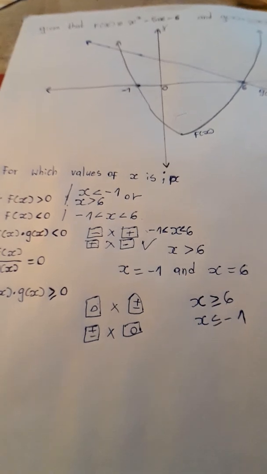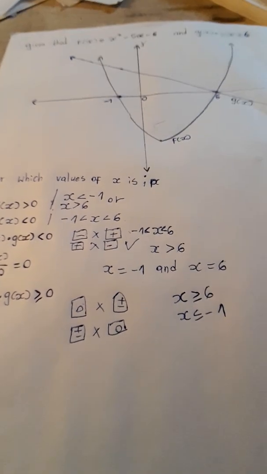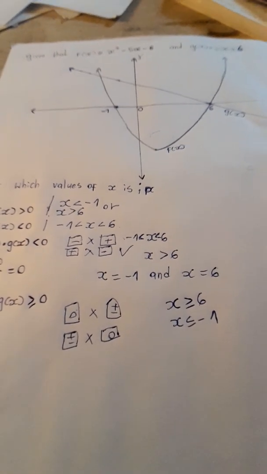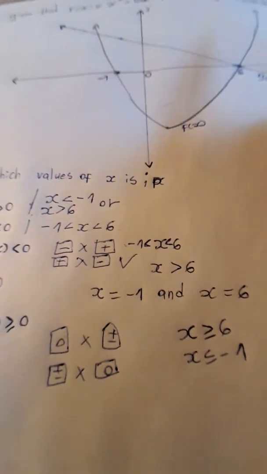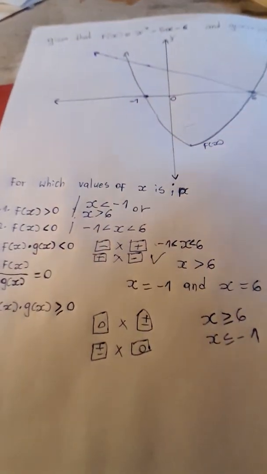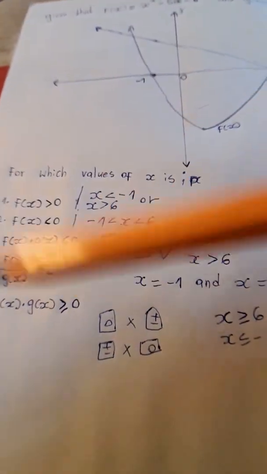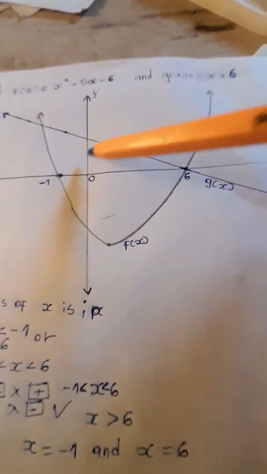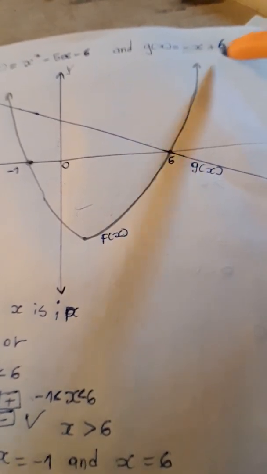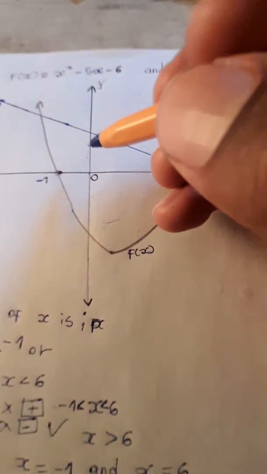And then let's look for where g of x is 0. So g of x is 0 here. If g of x is 0, then 0 times f of x will be 0. And let's find the y-intercept here. If you put 0 here, we'll get that this is 0 and 6.